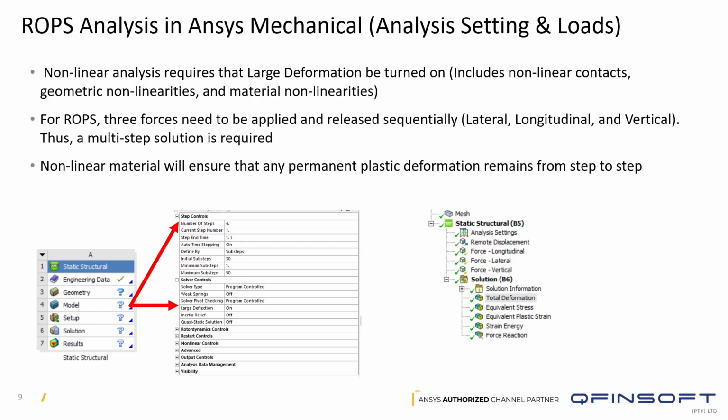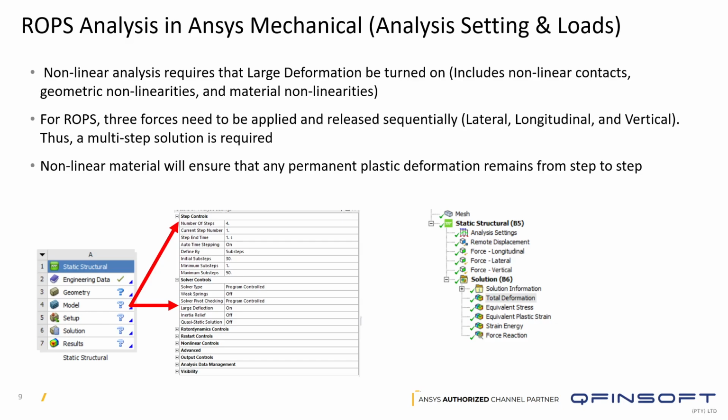As we will be applying forces and relieving them, it's good to have a multi-step analysis. So inside of our analysis settings, we can turn on 4 steps for this case. We'll have one step for the lateral load, one step for the longitudinal load, and one step for the vertical load.